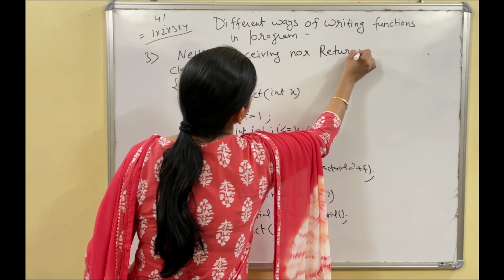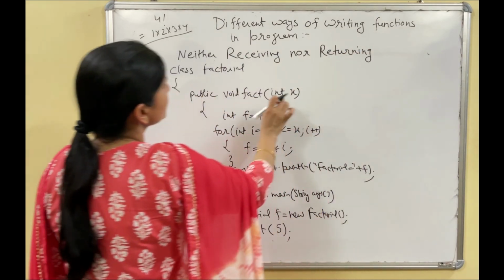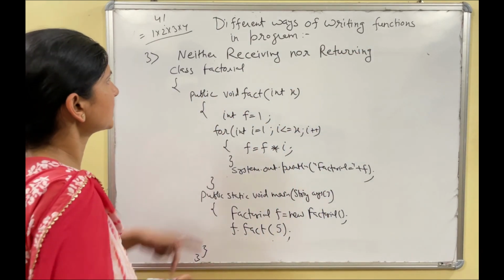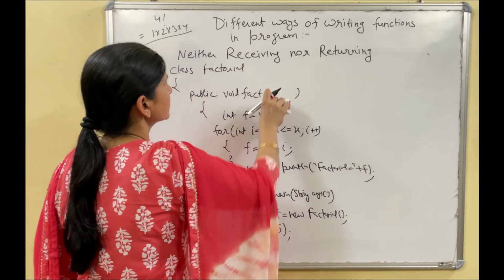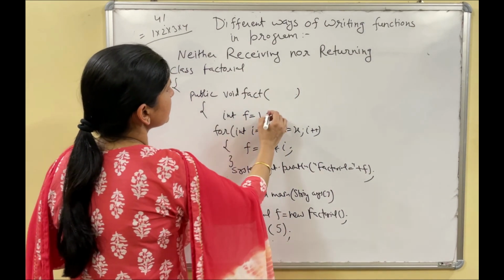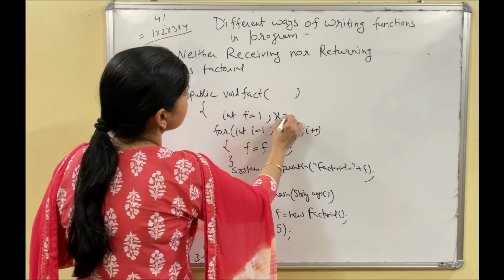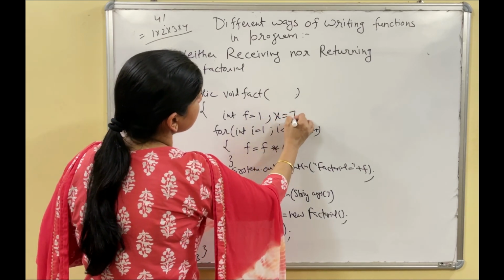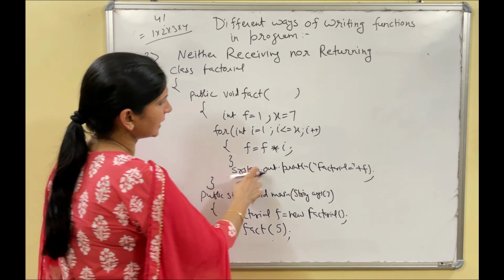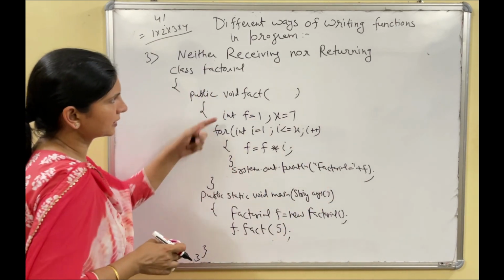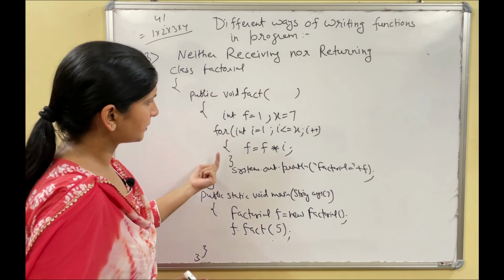So these are the three ways by which you can use the method. Neither receiving means no parameters, right? So no parameter means I have to take value of x here, let it be 7, fine. And not returning means we have already displayed here, so it was not returning in the previous case also.